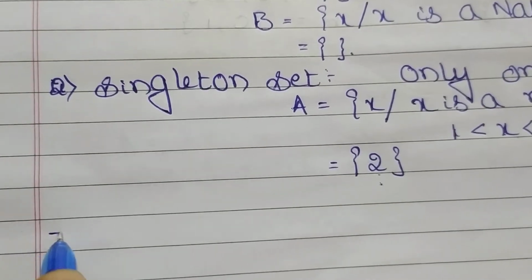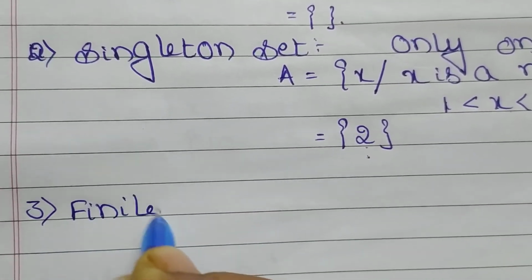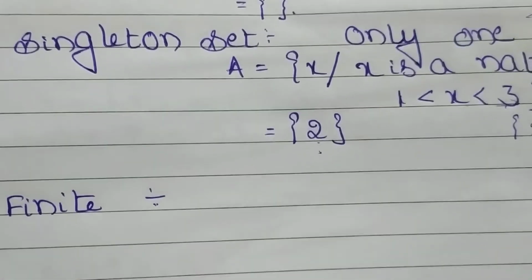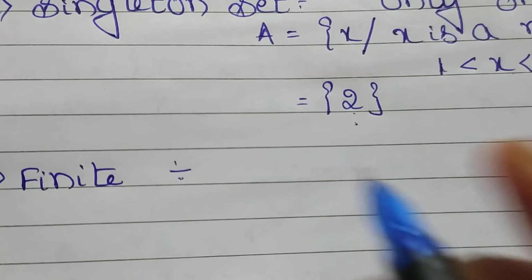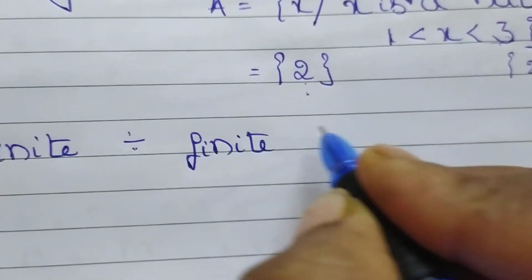Now coming to the finite and infinite sets. Finite set means the set which contains a finite number of elements, meaning a countable number of elements.